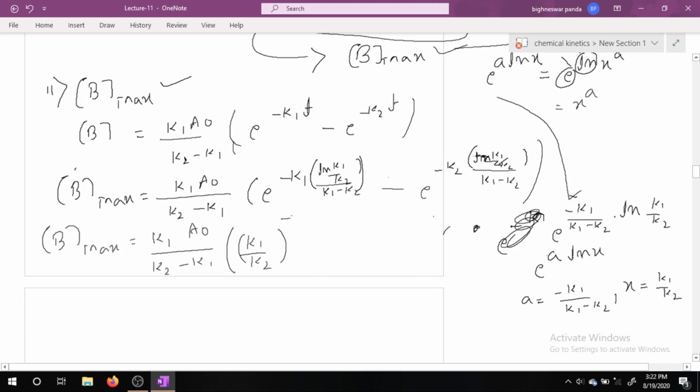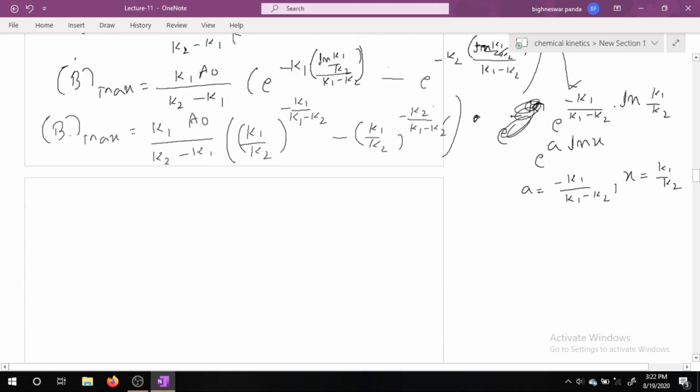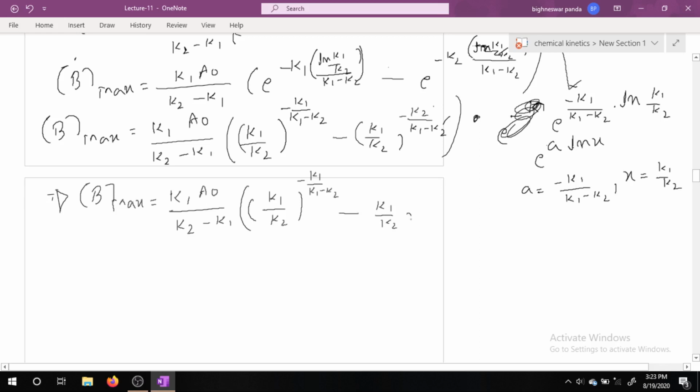Minus K1 by K2 to the power minus K2 by K1 minus K2.